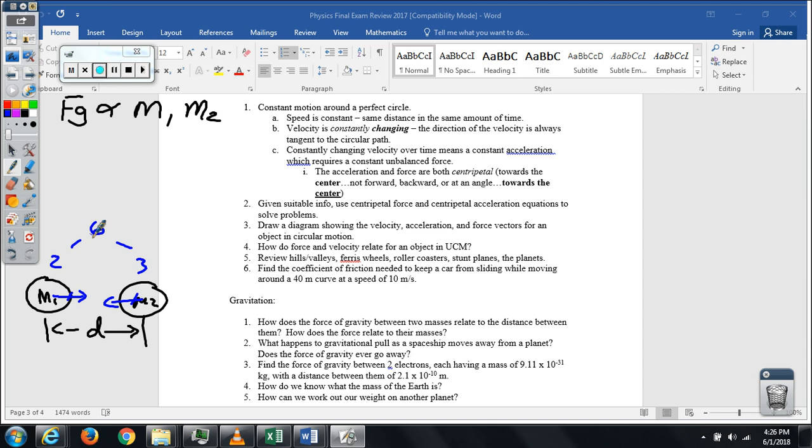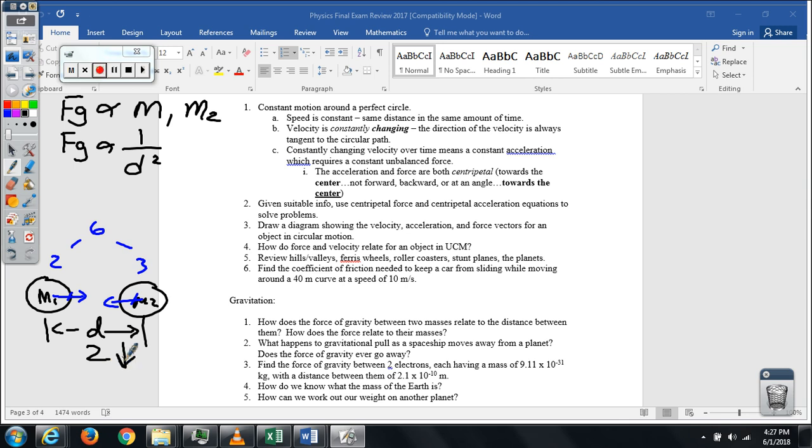How it relates to distance is via the inverse square law. 1 over the distance squared. So if this distance doubles, the force of gravity, first of all, because it's inverse, drops.